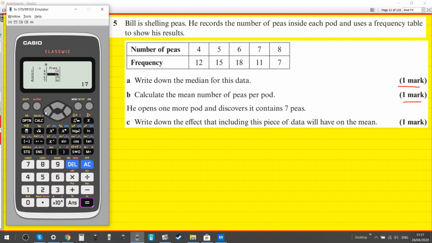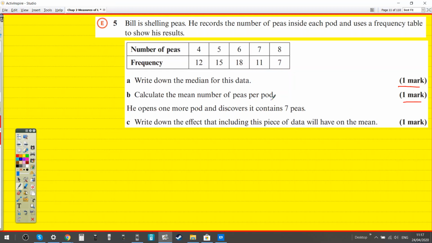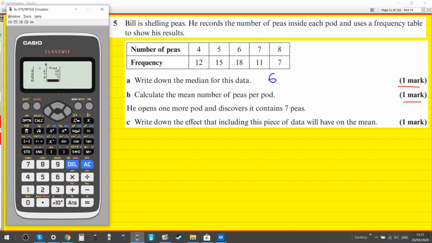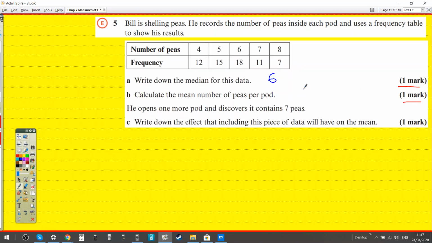So it gave me a median of 6. Okay, so median is 6, and it says calculate the mean. It's like 5.7778, so let's say 5.78.